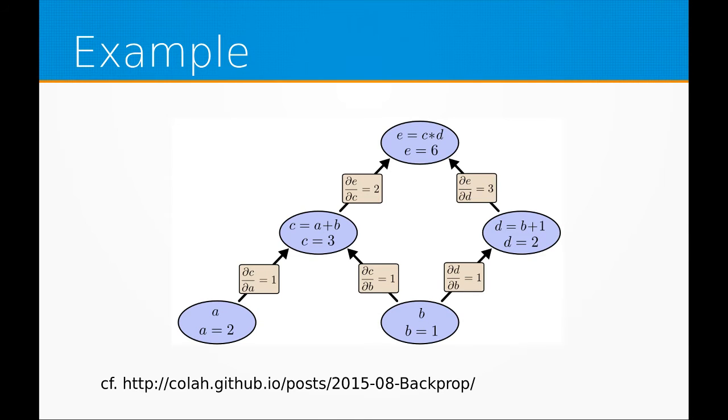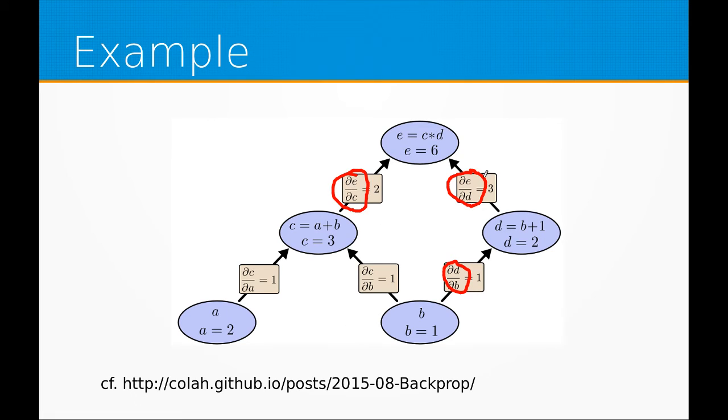So going back to our example from earlier, E equals C times D, where A and B are inputs, C is computed as the sum of A and B, and D is computed as B plus one. From link to link, you can compute the partial derivative of D with respect to B. In this link, you can compute the partial derivative of E with respect to D, and in this link the partial derivative of E with respect to C. So while traversing through these links, you only need to know these partial derivatives.